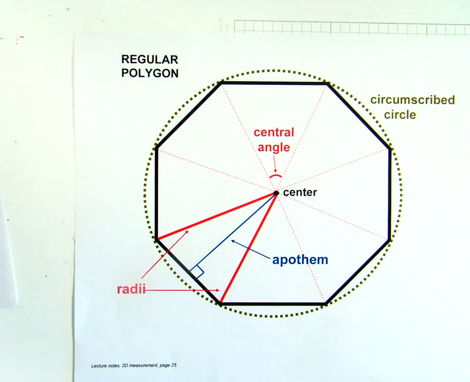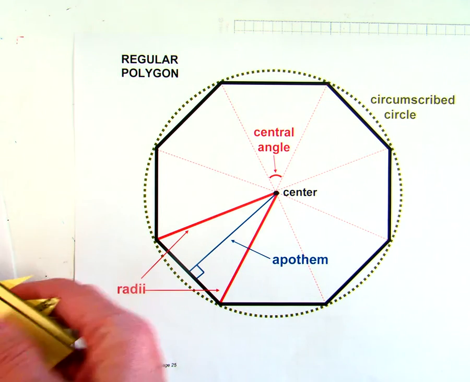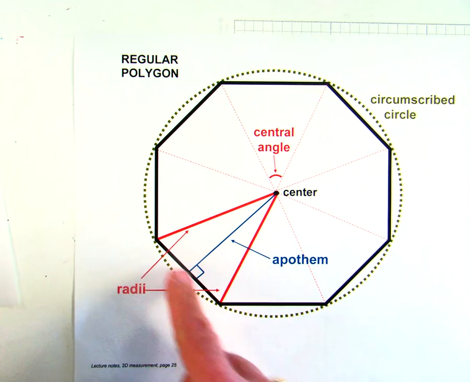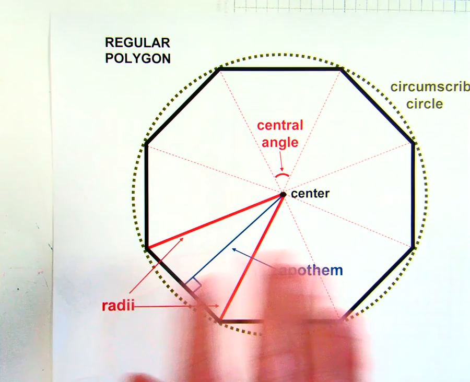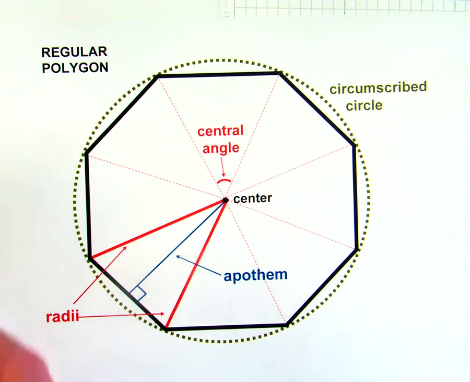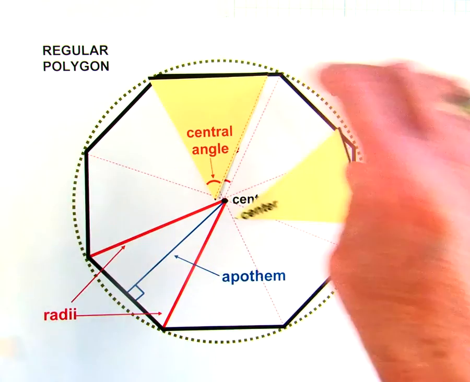We'll use this octagon to try to figure out how we can find the area of any regular polygon. Notice that the black around the outside is the perimeter of the polygon. I have some already cut up pieces representing the slices here. I'm going to put them in.